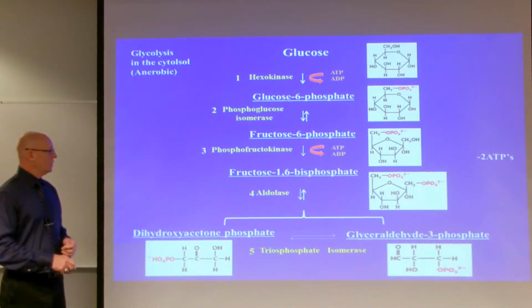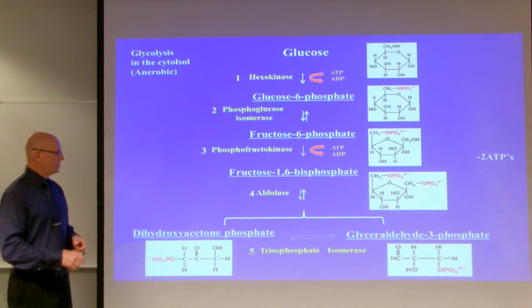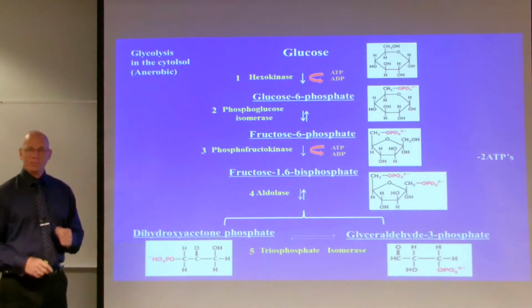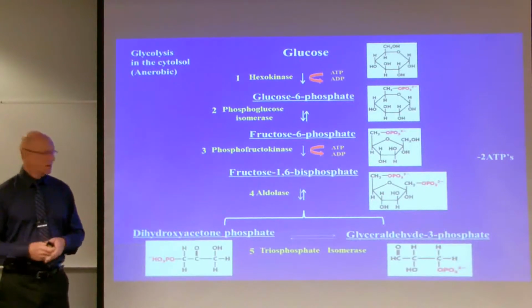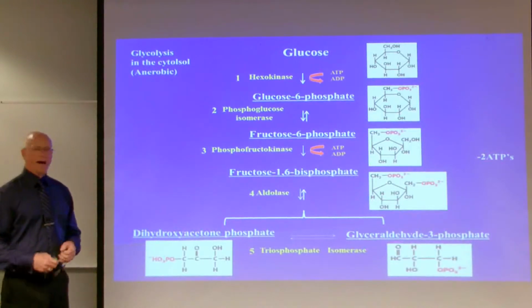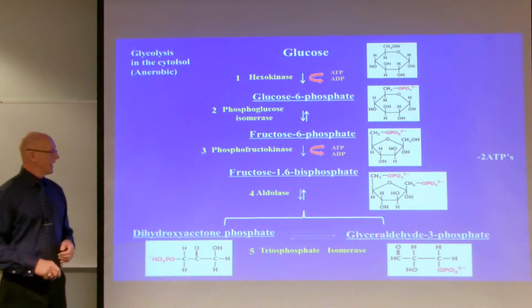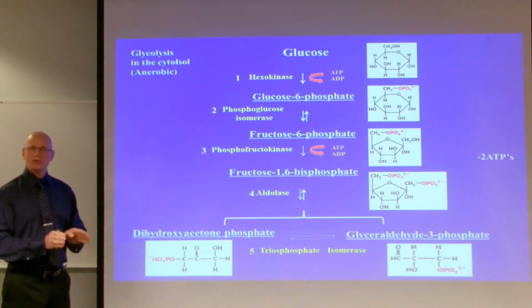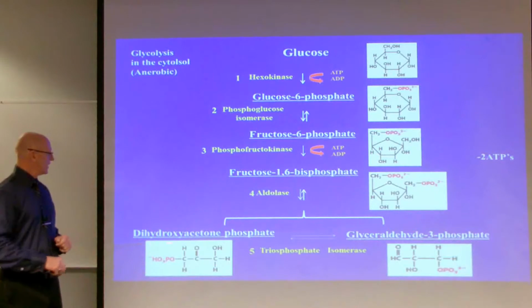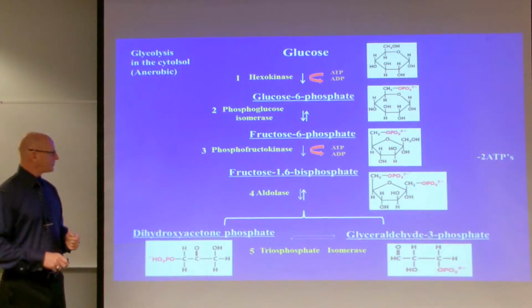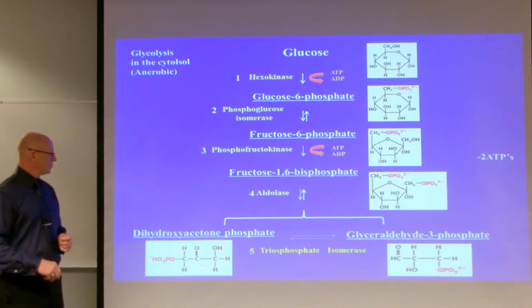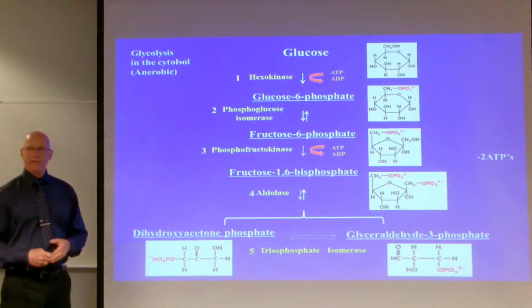So aldolase will split this in half, and then you'll get 2 3-carbon molecules. And one of them is dihydroxyacetone phosphate, and the other one is glyceraldehyde 3-phosphate. Now glyceraldehyde 3-phosphate can go to pyruvate, but this dihydroxyacetone is unable to go to pyruvate. So we're going to have to change this around a little bit and make it another glyceraldehyde 3-phosphate.